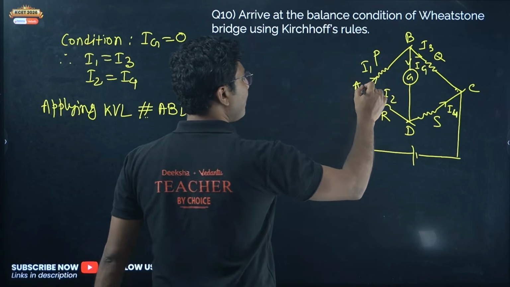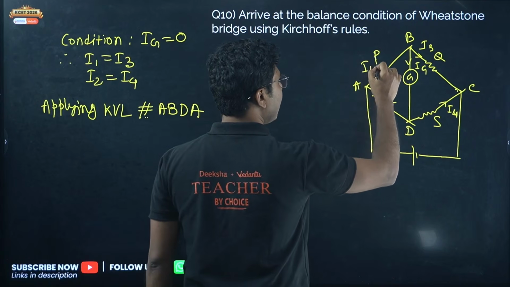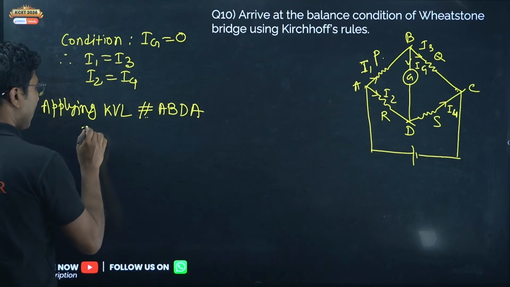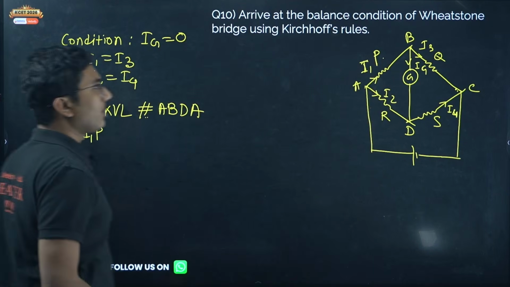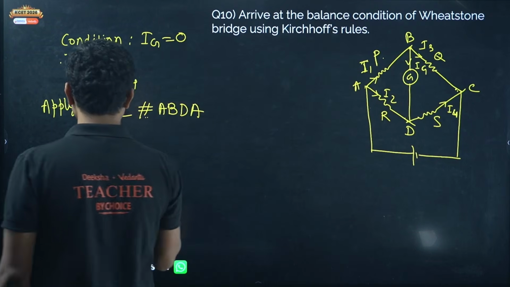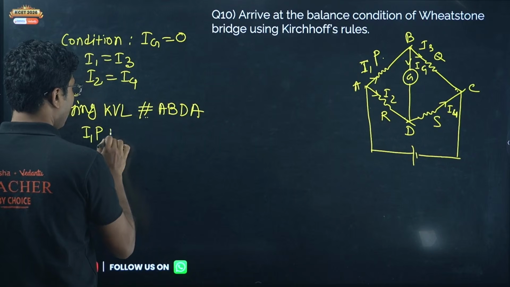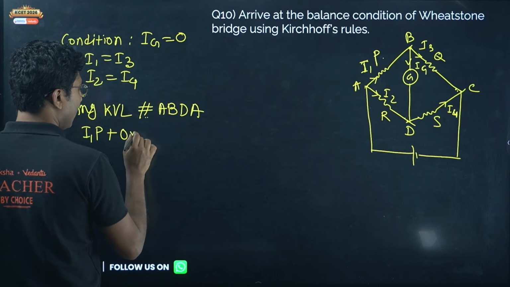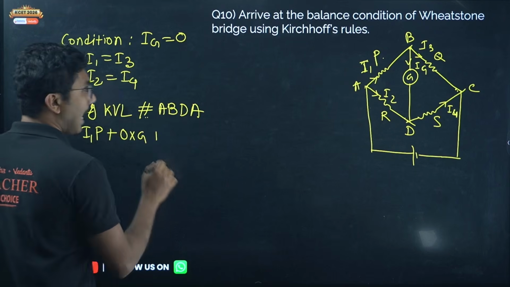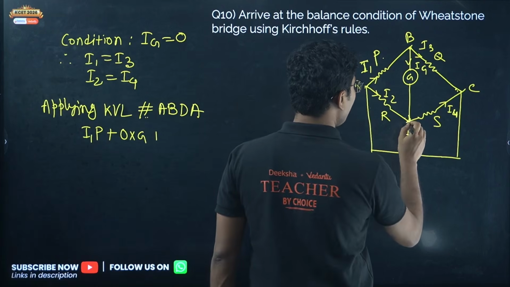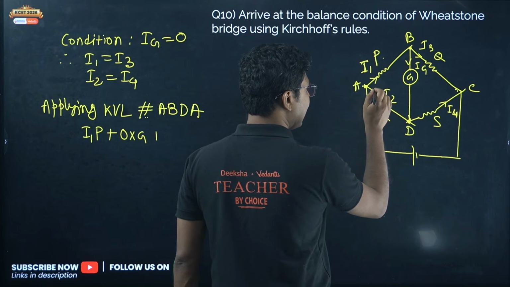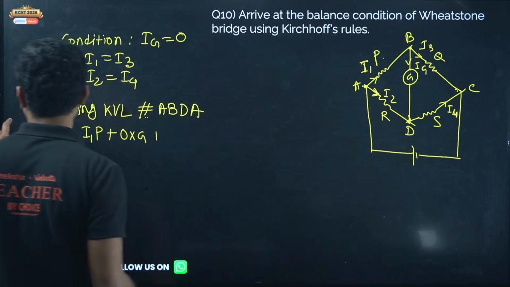So we will start from here and the resistance is P. The current is I1. So what is the voltage drop? Voltage drop is I1 into P. Now through this, IG into G. Now IG is 0, but there is a G, so let me put that in here as well. And when you are going from D to A to close the loop, you are going against the direction of current.